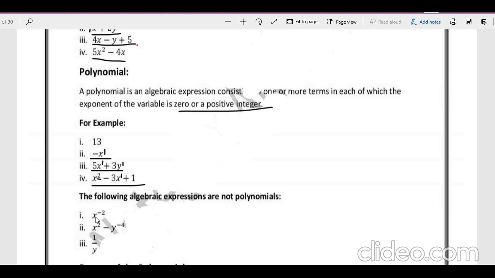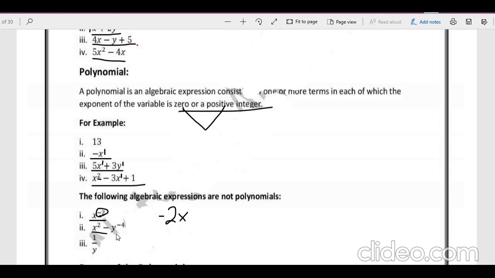The following algebraic expressions are not polynomials. For example, for x the exponent is minus 2, and for a polynomial the exponent must be 0 or a positive integer. Minus 2 is not a positive integer, so x to the power minus 2 is not a polynomial.